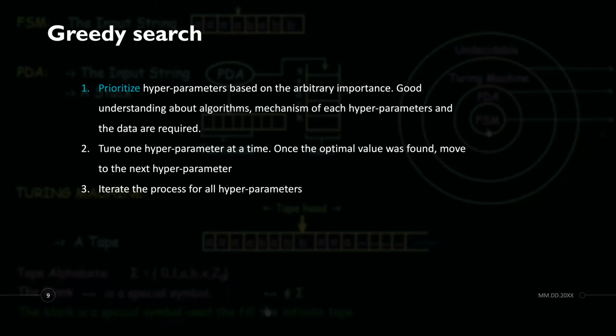As you can imagine, this is not a perfect method, because it heavily depends on the prioritization of the hyperparameters we arbitrarily come up with, and it doesn't take into account the interactions of parameters. For instance, sometimes we have two parameters that control the model's complexity.